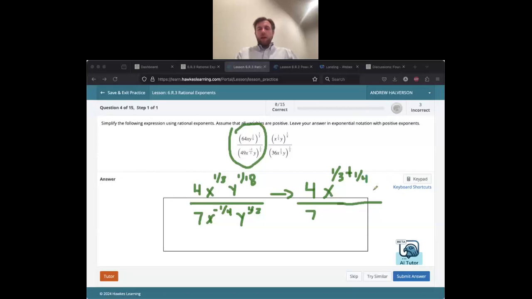And then what about the y's? 1/18 minus 1/2. Now you've got to use the rules for adding and subtracting fractions, and you need common denominators. So this is x to the 7/12.